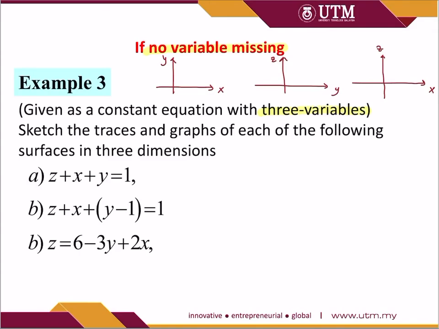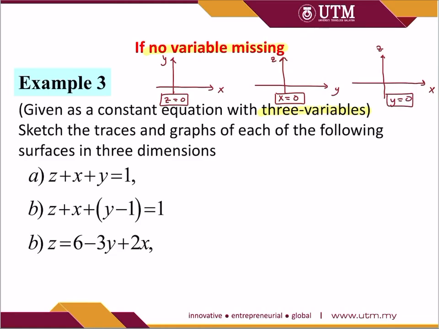Because we have the 3 traces, for the xy axis, of course z will be 0, because this is the plane. We have the x and y axis, therefore we have the plane of z equal to 0. For the yz axis, x is equal to 0, and for the xz axis, y is equal to 0.